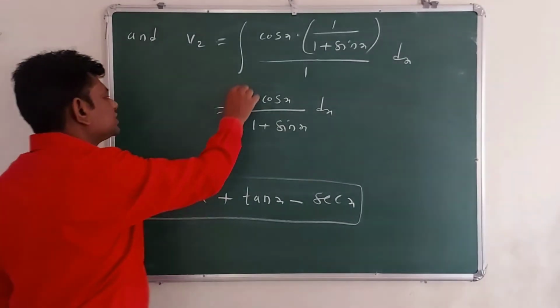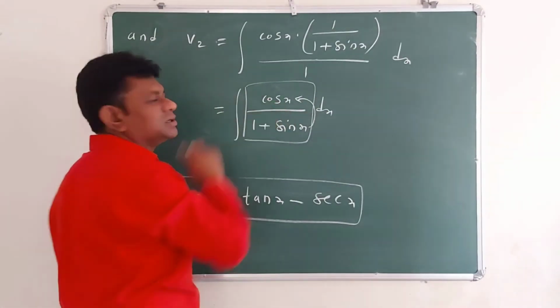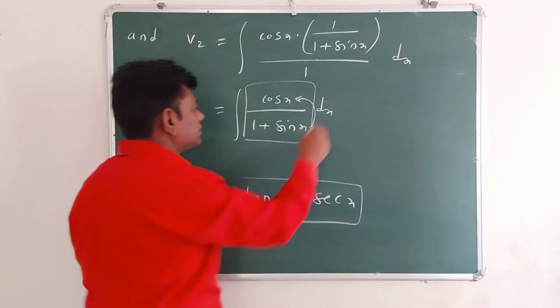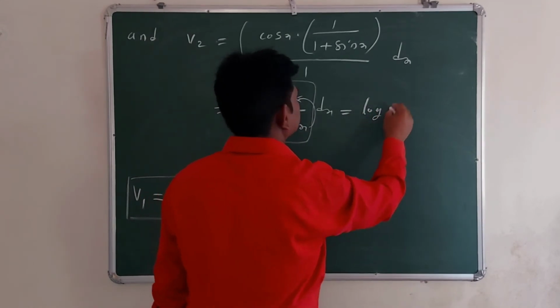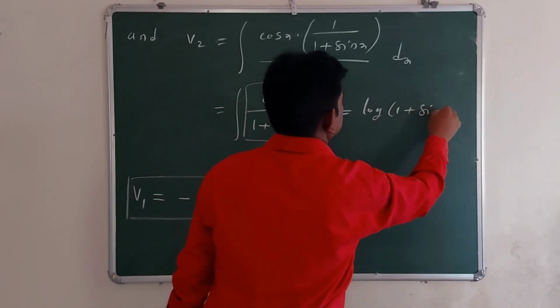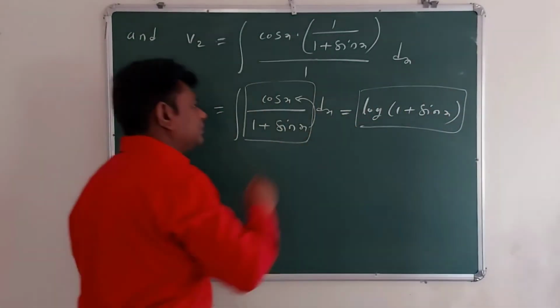Now its integration is simple. The derivative of this denominator is cos x, which is the numerator. Its integration is very simple. Log of the denominator means log of 1 plus sin x. So therefore V2 is equal to log of 1 plus sin x.